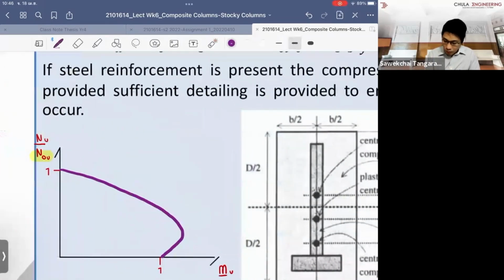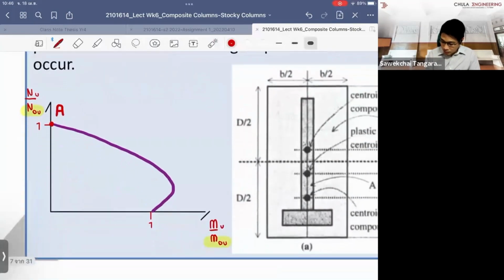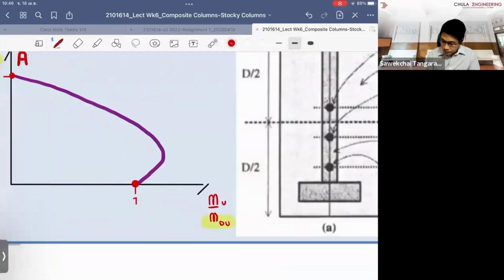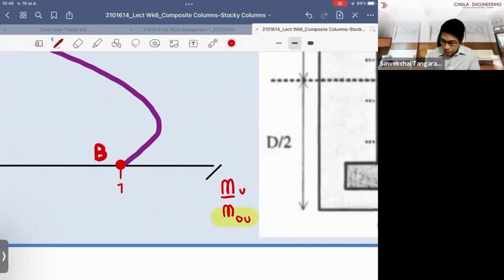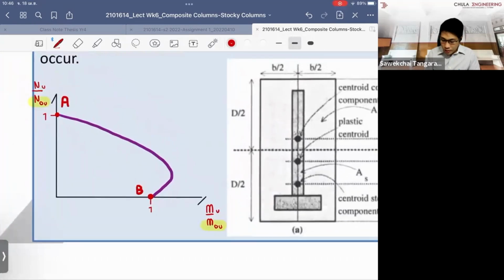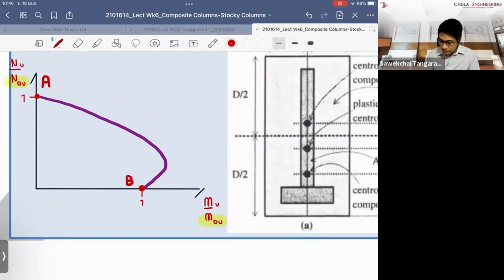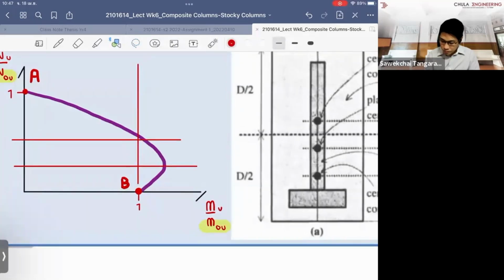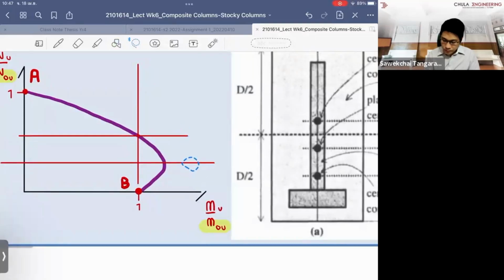The squash load, I call it point A. And the full frictional capacity, where we don't have the axial force at all, I call point B. And in the interaction diagram, if you recall, I just give you the overview first, we have to find another 2 points, which I call point C and point D.